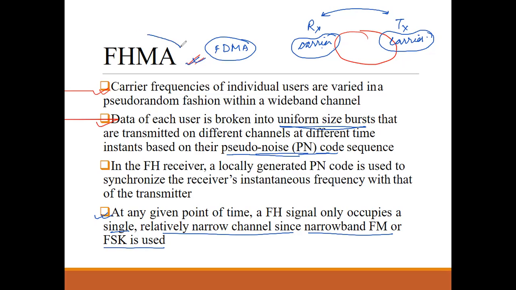So इस केस में जो channel है वो rapid interval के साथ change होता है. Now, based upon the rate of change of the channel, it is divided into slow frequency hopping and fast frequency hopping.